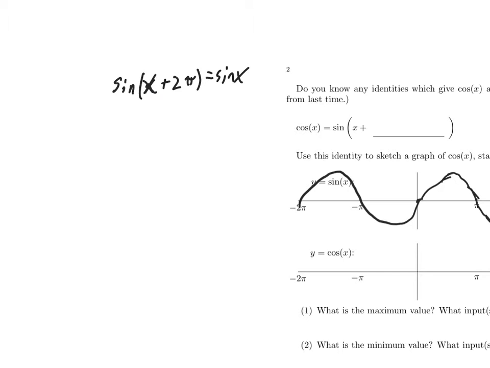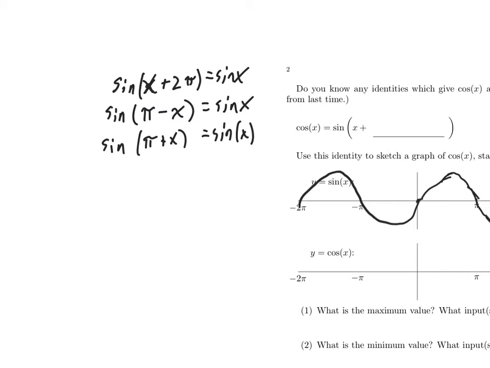So that won't be useful if we want to understand cosine. We know that the sine of pi minus x is the same as the sine of x. That's not useful. Sine of pi plus x, same as the sine of x, not useful.